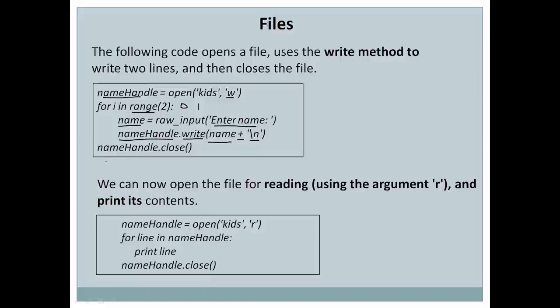We have one more statement here, but this statement is outside the for loop, remember. These two statements are executed twice because this is a loop that repeats 2 times, and it will write the information to the file kids. After that we are closing the file handle by using name handle dot close.